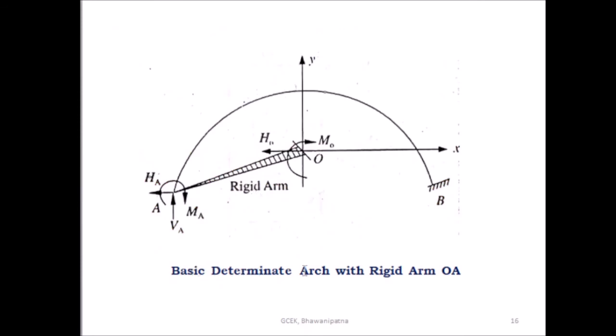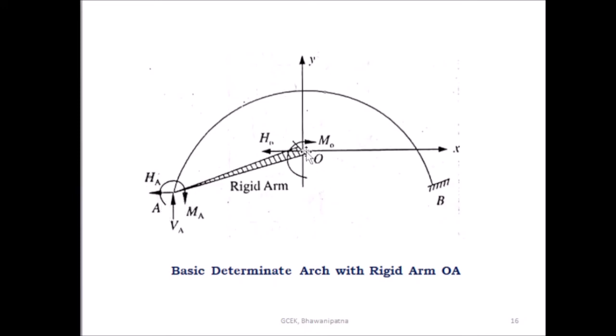So this is the basic determinate arch with rigid arm OA. This is the end A, this is end B, and this is the elastic center. If we join the support end A and the elastic center O by a rigid arm OA, then at the end A we have the vertical force VA, the horizontal force HA and the moment MA.